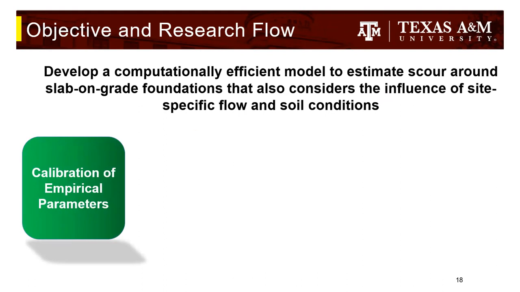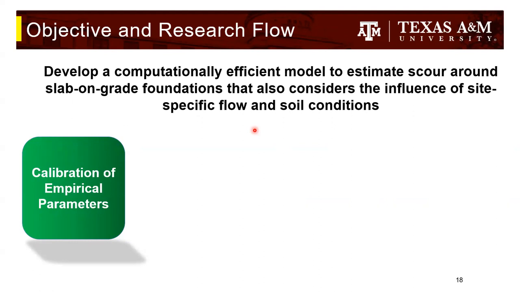So the first one is the calibration of the empirical parameters, because our current study is mostly based on numerical modeling. We are mostly using FLOW-3D, a CFD model, to understand the behavior. So we first needed to calibrate this model. We are calibrating our model with respect to the empirical test or some existing flume test.